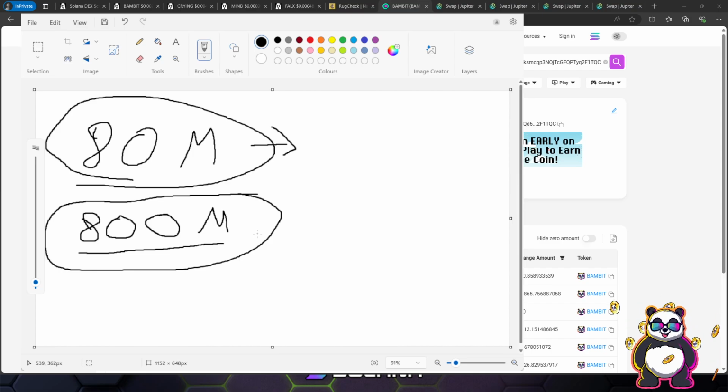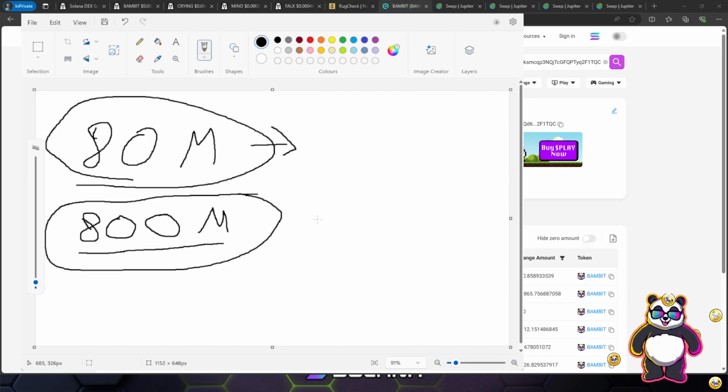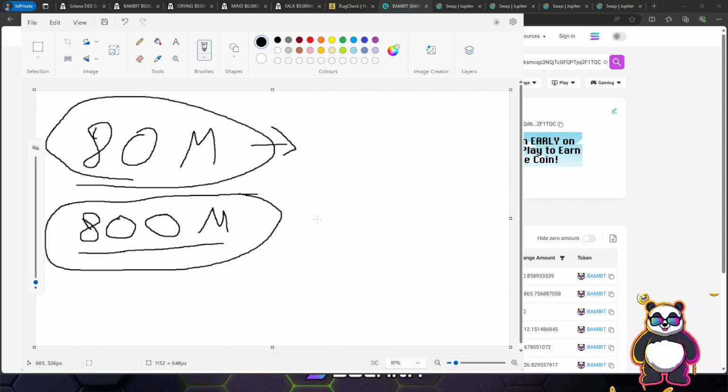It doesn't work this way. It doesn't matter if a coin has 80 million, 800 million, 8 billion, 800 billion. It doesn't matter how much supply it has. Basically, it doesn't make it any easier to push that coin.